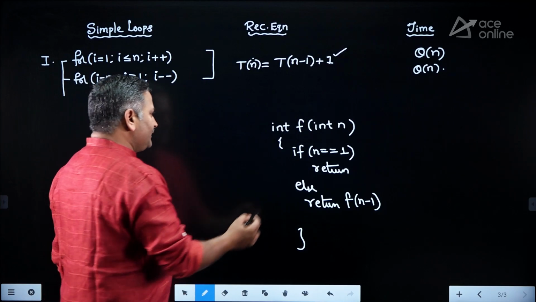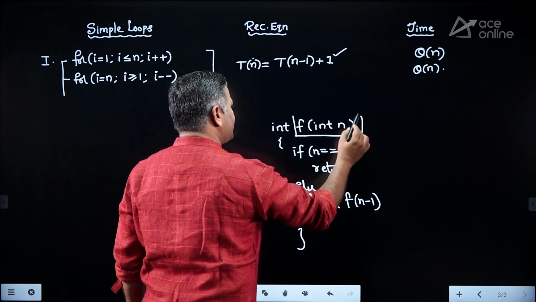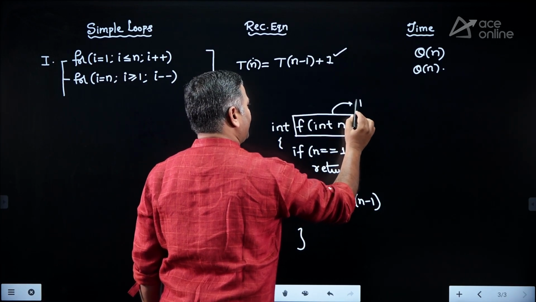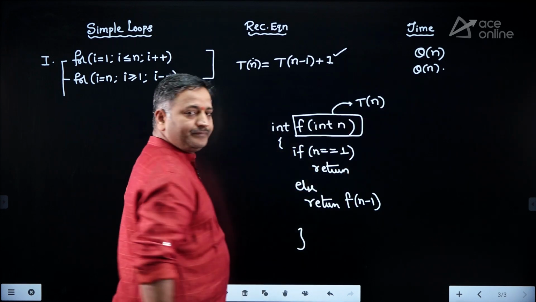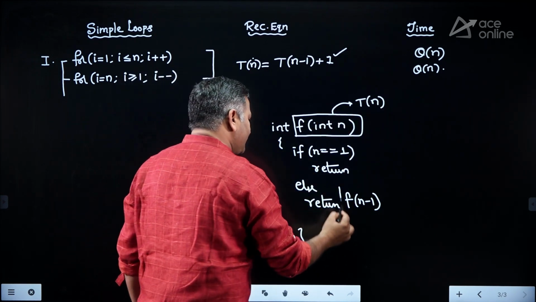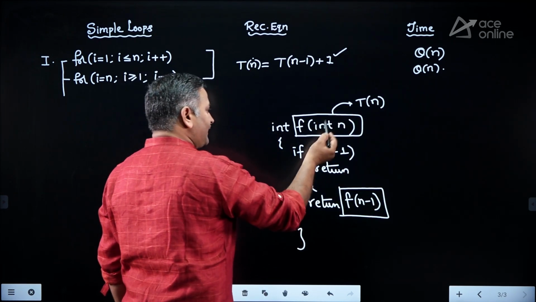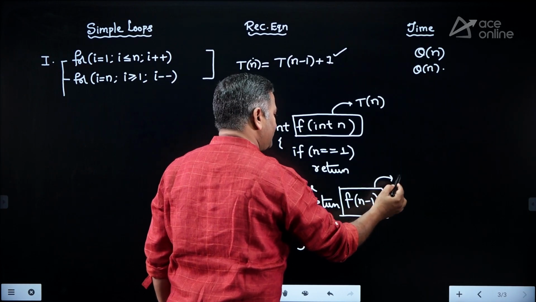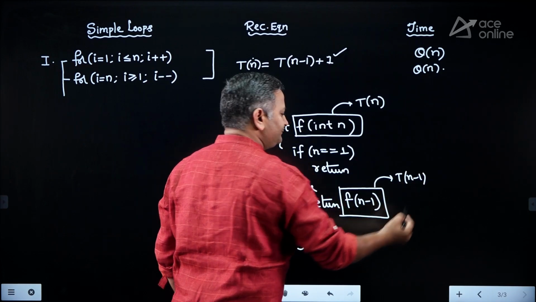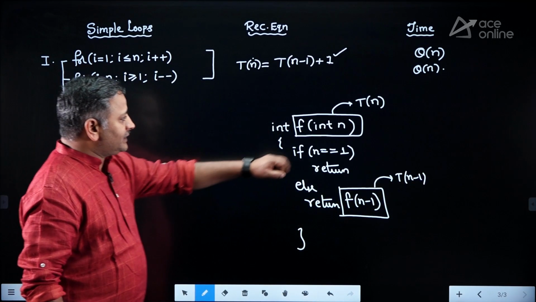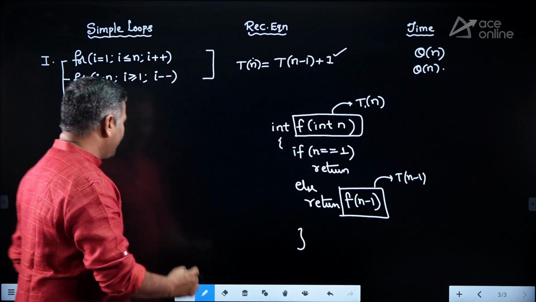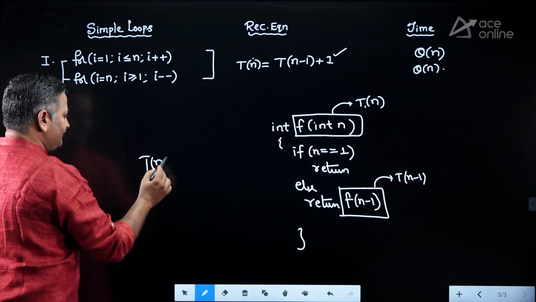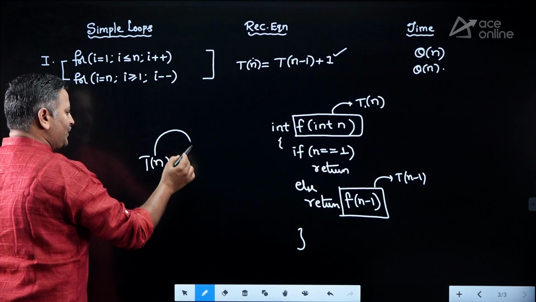In that case, the time required for executing this algorithm we are defining as T of n. Then how much time is required for f of n minus 1? If f of n takes T of n, f of n minus 1 will take T of n minus 1, right? Therefore, we can write the recurrence equation T of n equals, with this input n I am calling 1 time.